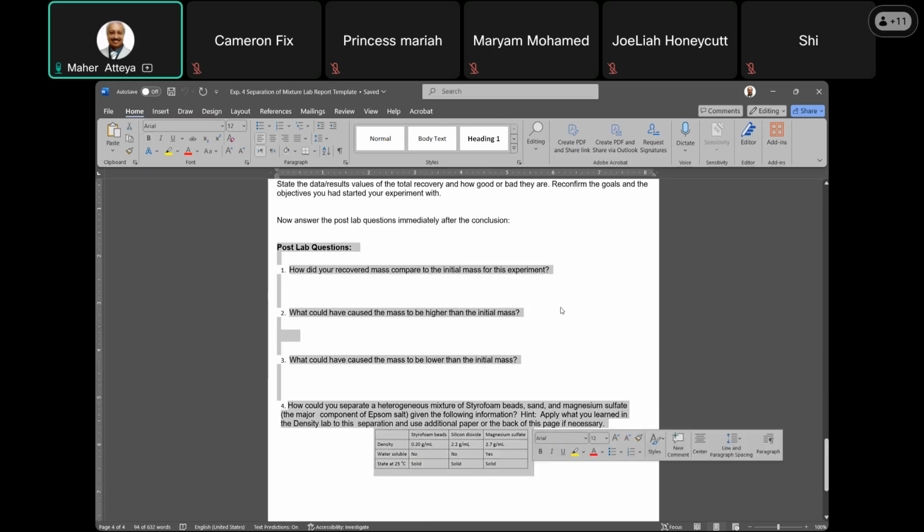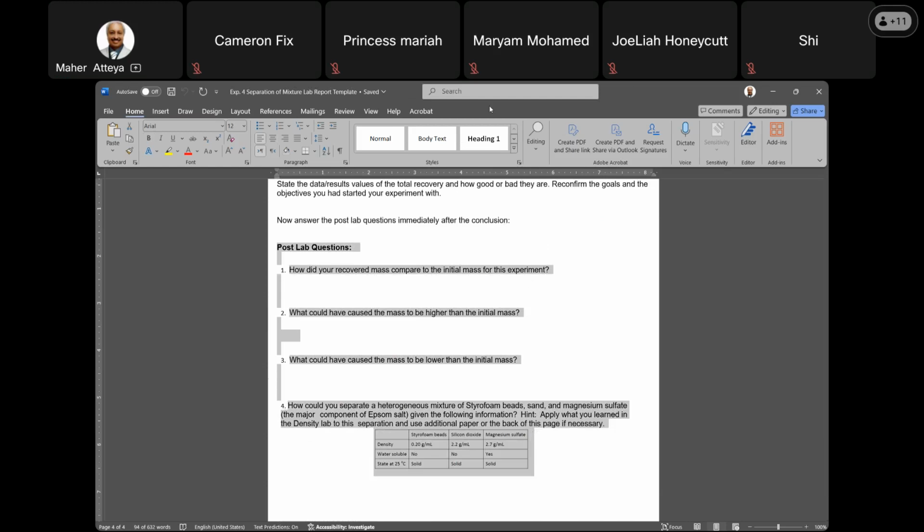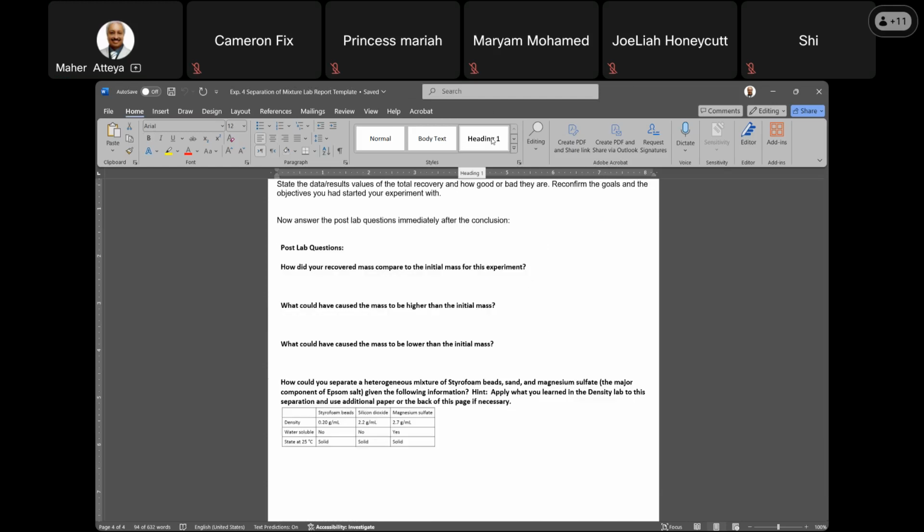That's in iCollege. Now, this is the template on how to write the lab report. So we need to copy the 2 tables here, the data, and the introduction, procedure, discussion, and conclusion. It has to be in your own words.